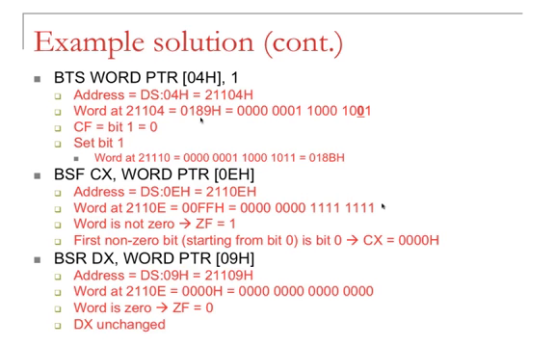Which bit is where you find the first non-zero? That's this very first bit. The index of this bit is 0. Remember, the index of this first non-zero bit is 0. And that index is the value we should put into CX, which is the destination operand.